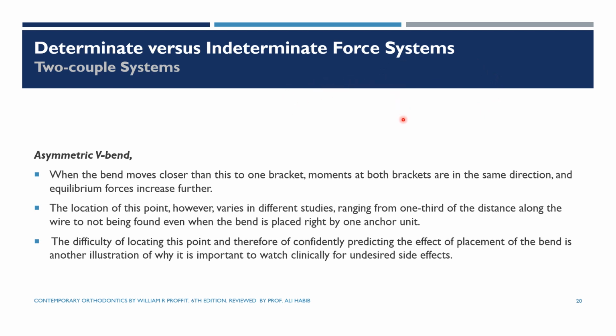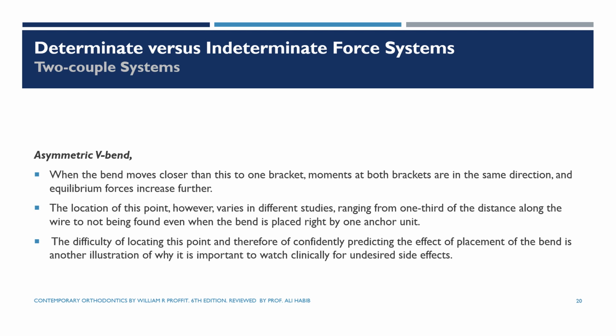So as we come off the center, we expect two opposite moments on the posterior and anterior segments. As we come closer to the posterior segment, the anterior teeth feel no moment, and as we come even closer, we expect the anterior and posterior teeth to feel moment in the same direction. So this shows how important it is to determine or locate the V-bend.